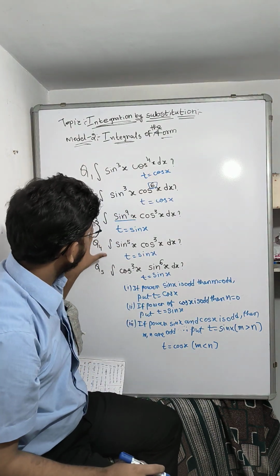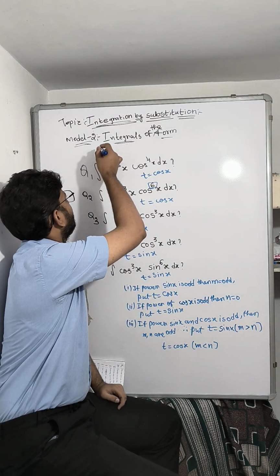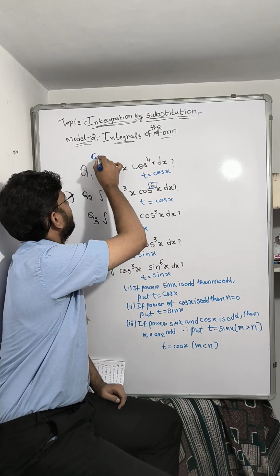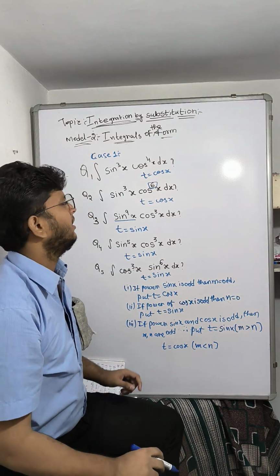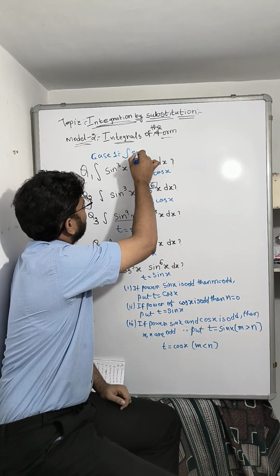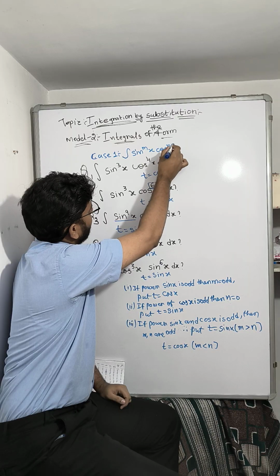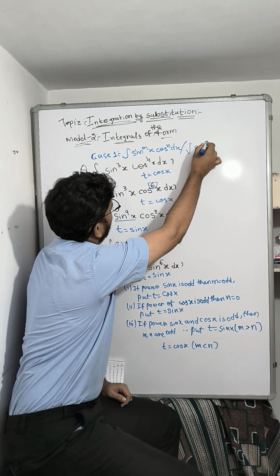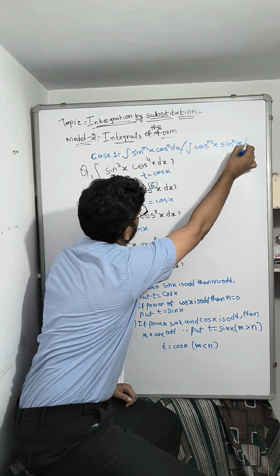That's all. See, in model number 2, first condition, case number 1 looks like these forms: integral sin to the power of mx cos to the power of nx dx, or integral cos to the power of mx sin to the power of nx dx.